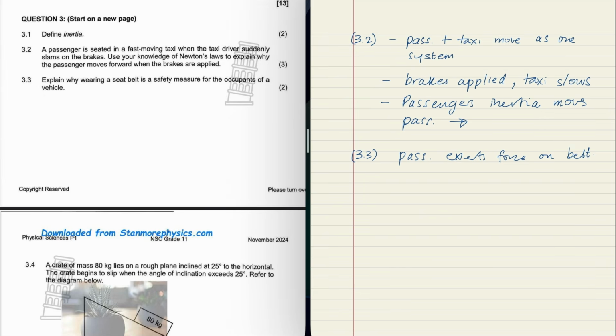Now, according to Newton's third law, the seatbelt is then going to apply a force on the passenger. So the belt applies a force on the passenger. And because of that, the passenger stays seated.